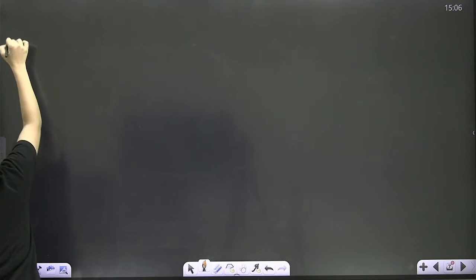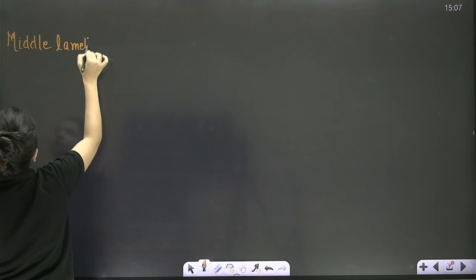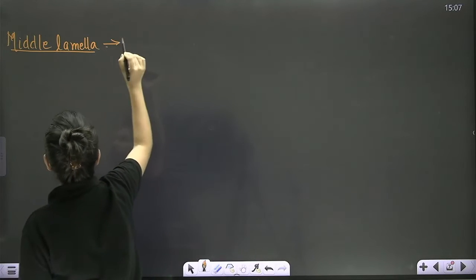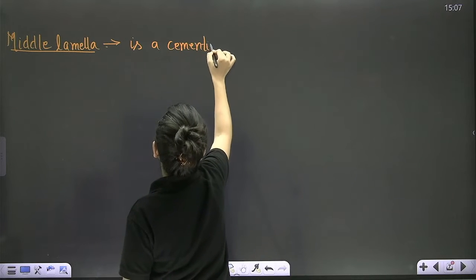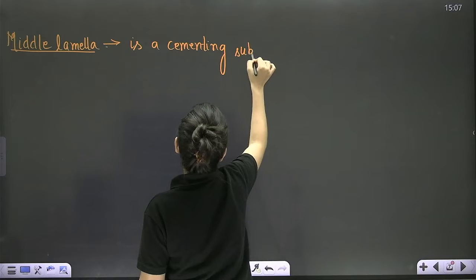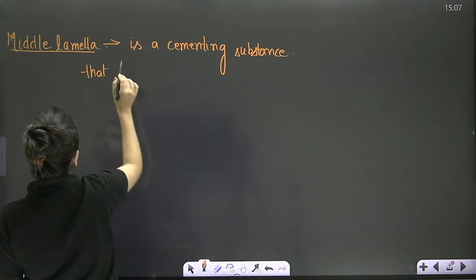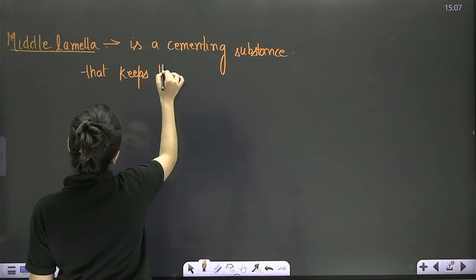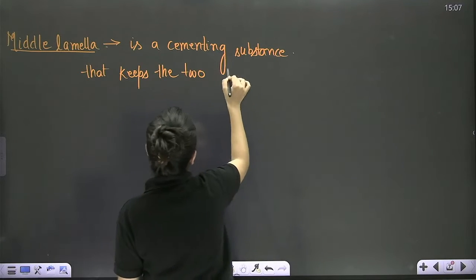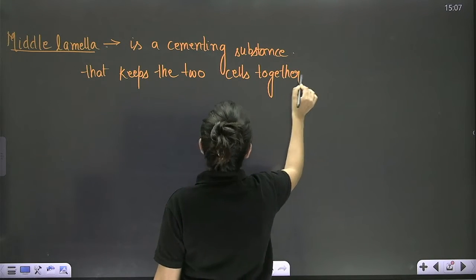So next you are going to write about middle lamella. Now what is middle lamella? It is a cementing substance that keeps the two cells together.